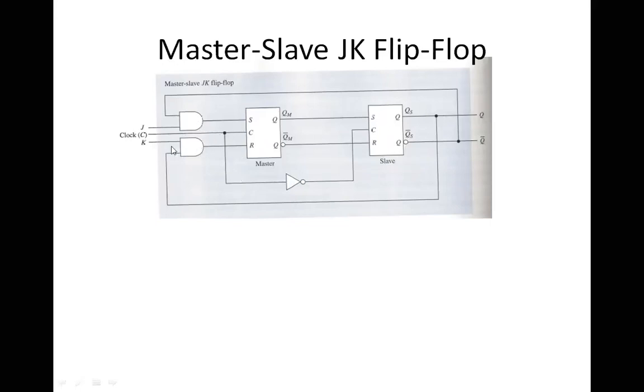The AND gate has J and K as one input, and the other input comes from Q bar and Q. So J and Q bar will be the input to S. Similarly, K and Q will be the input to R.